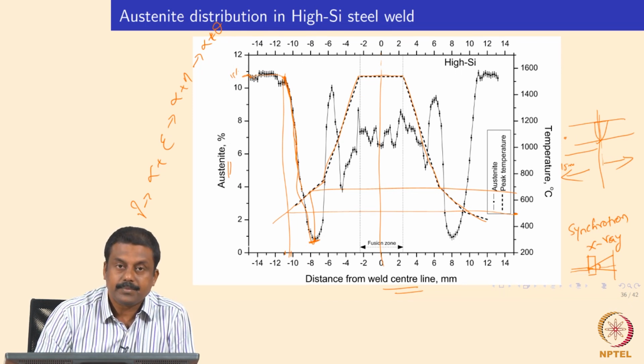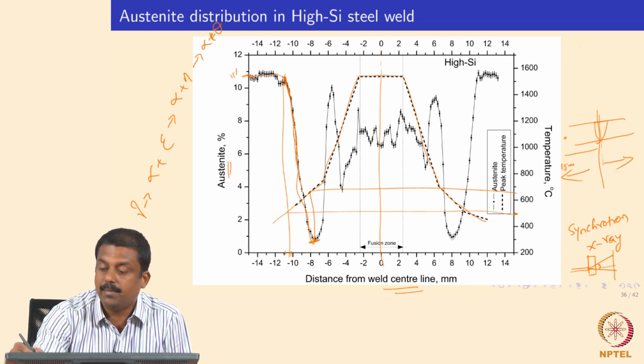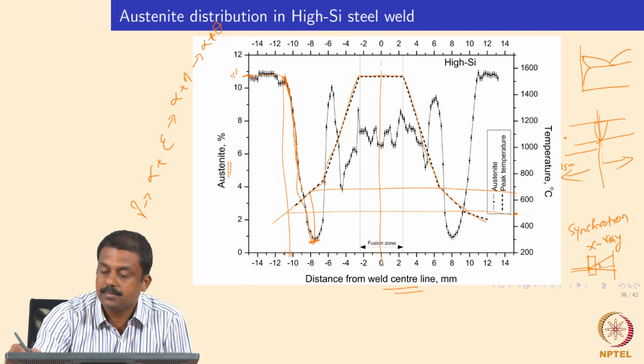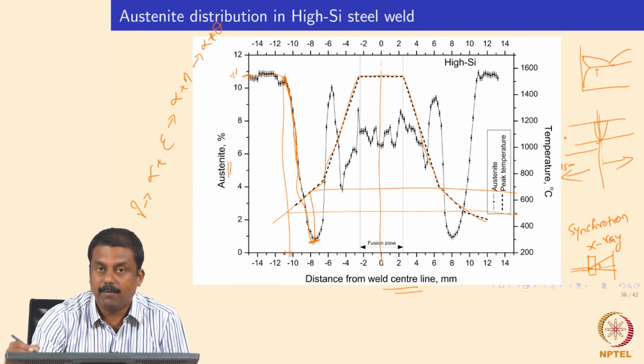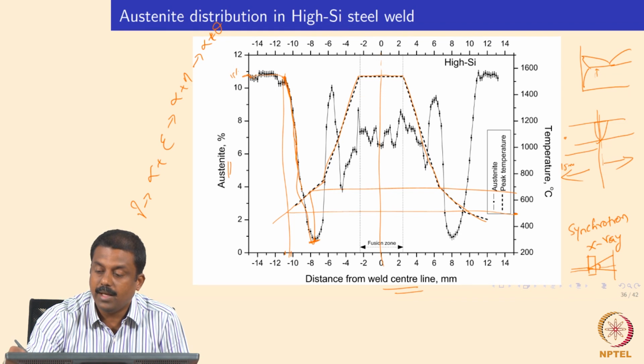That means that we have not nucleated new austenite. New austenite nucleates when the temperature goes above your A1 temperature, the temperature at which you start nucleating new austenite when heating up. If the temperature is below the A1 temperature, what will happen?